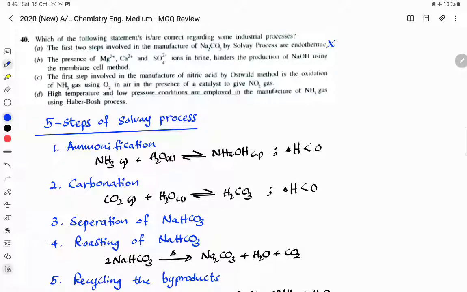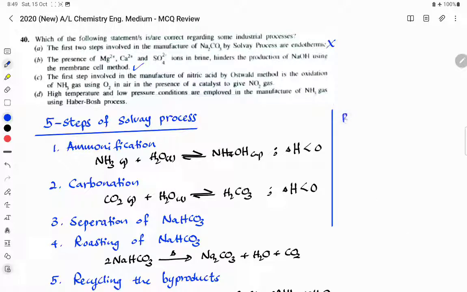The statement B: the presence of magnesium, calcium and sulfate ions in brine hinders the production of NaOH using the membrane cell method. This is kind of a true statement. Some can say this is incorrect because the brine solution that we must use in a membrane cell method should be 100% pure, because otherwise the same thing can happen.